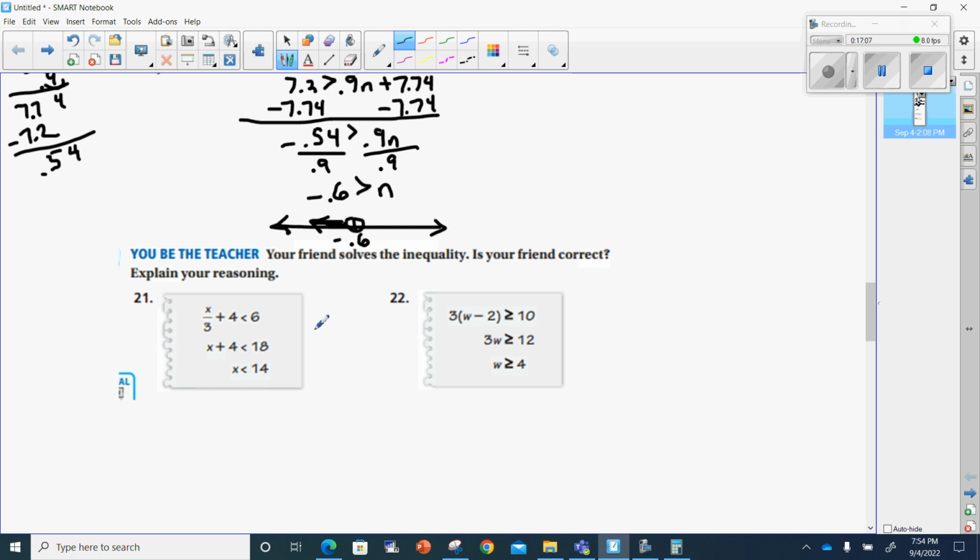Let's go ahead and work it over here. We got x over 3 plus 4 is greater than 6. So he should have subtracted 2, right? Or sorry, I don't even know why I said 2. Subtracted 4.